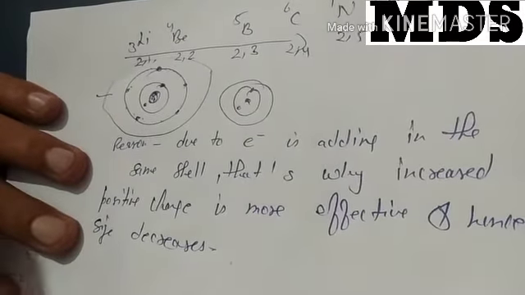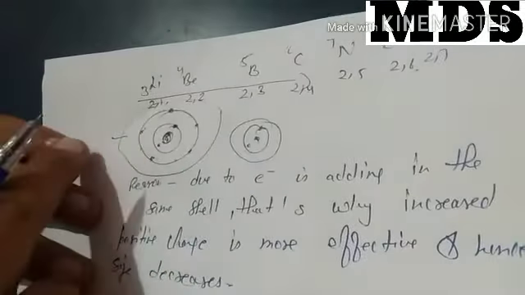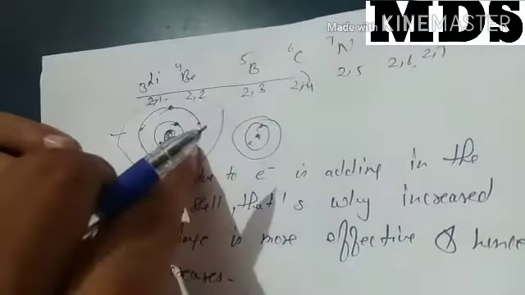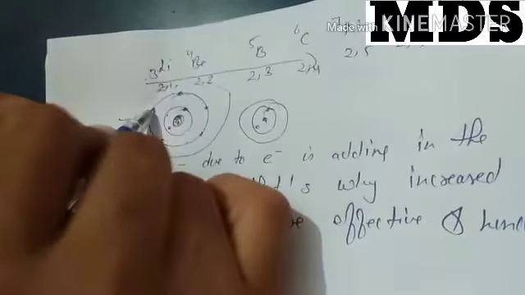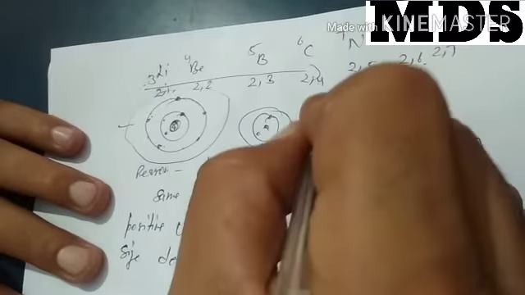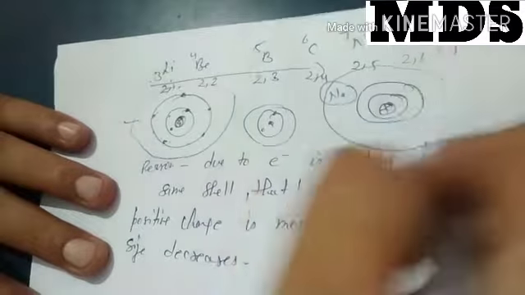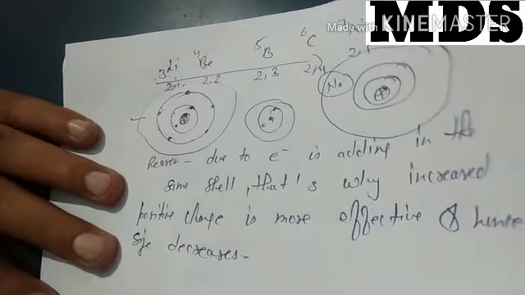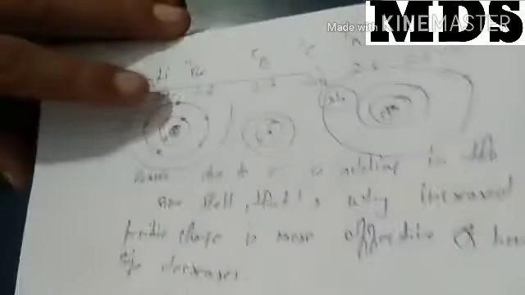Okay, so that's why the size goes on decreasing, because the electron is adding in the same shell. If you are moving along any period, suppose in the second period you are going, then you go to the third period, there will be one more shell. For all, there will be a first and a second shell. But if you go for sodium, which is in the third period, you will see this is the nucleus, this is the first shell, this is the second shell, this is the third shell. There will be a third shell in the third period. In the third period there are only 3 shells. If you move to the fourth period, then there will be a fourth shell. Okay. Now, this is the trend along the period.